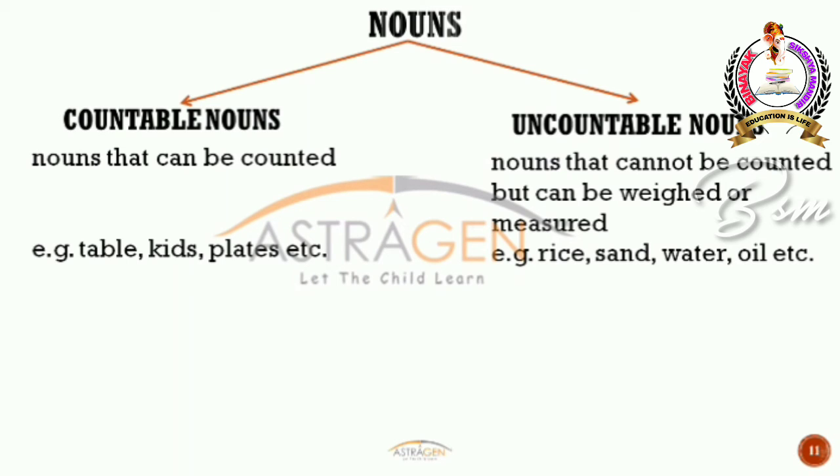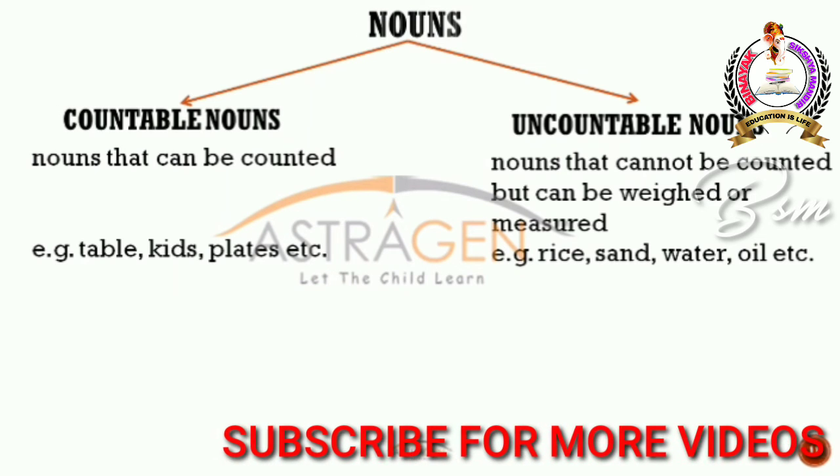And if you have a cup, then you can also measure the oil using a cup. So all those things which cannot be counted in numbers come under uncountable nouns. If you can count in numbers, then you call that countable. If you weigh or measure, then you call that uncountable nouns.